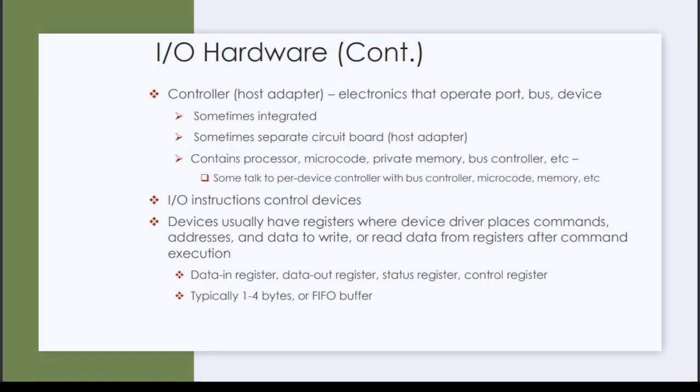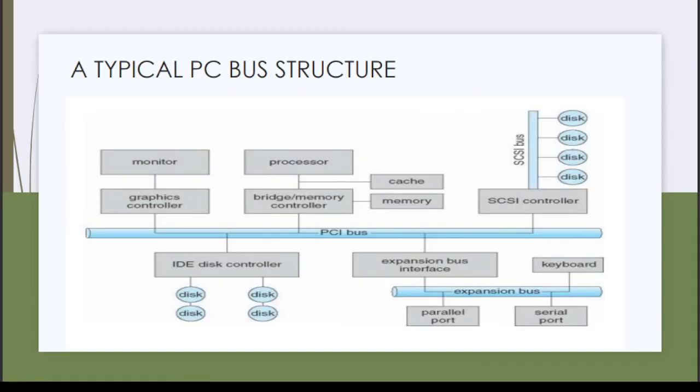Data-in register, data-out register, status register, and control registers are different types of registers that are generally present on the devices. Typically, they are 1 to 4 bytes, or FIFO buffers that are generally used to store data in a sequential manner.